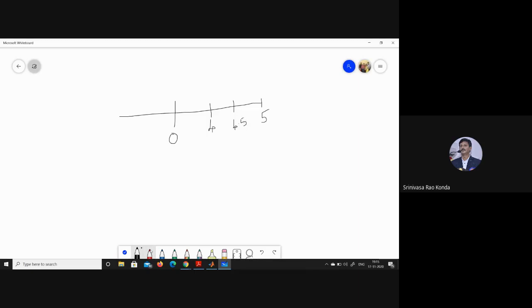If x belongs to the closed interval 4.5 to 5, round of x gives the value 5.